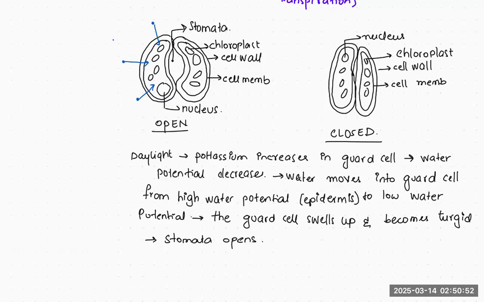So guard cells are responsible for the opening and closing of the stomata. Making sense so far? Does anybody have any question or any part that's not clear? Haja, Maria, is everything all clear? Any confusion in any part? No. Mariam, all clear? Yeah, it's clear.